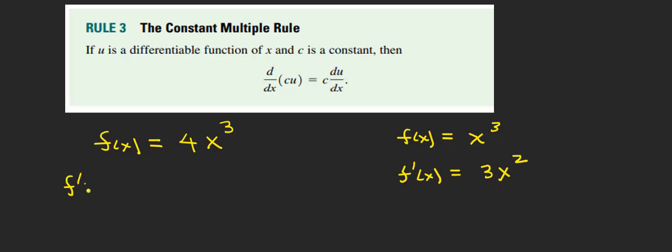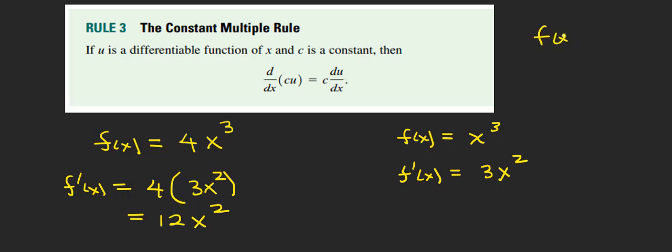So the derivative of 4x cubed is, 4 is a constant, so we leave it alone. And what is the derivative of x cubed? It's 3x squared. So you end up getting 12x squared. So another way of looking at it is this.